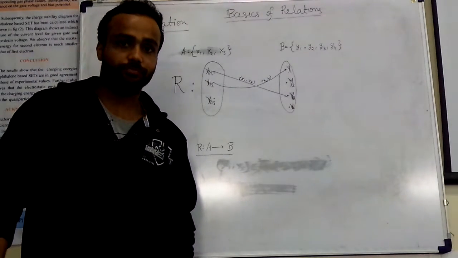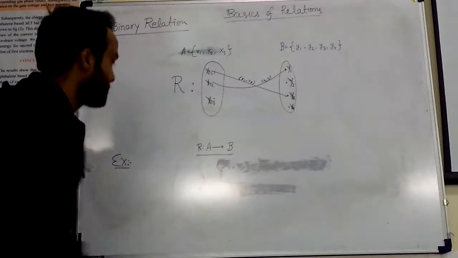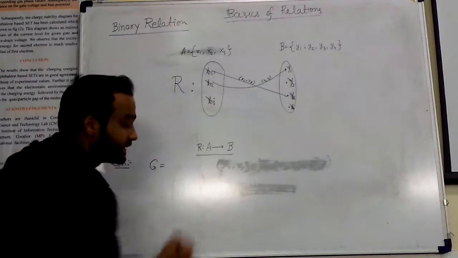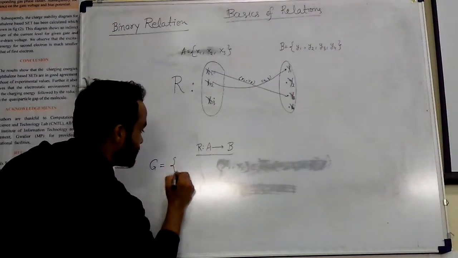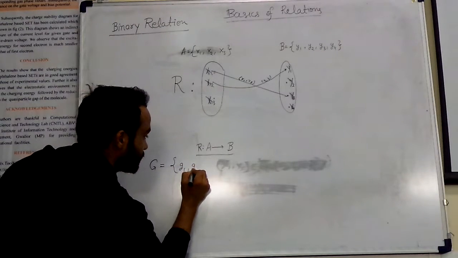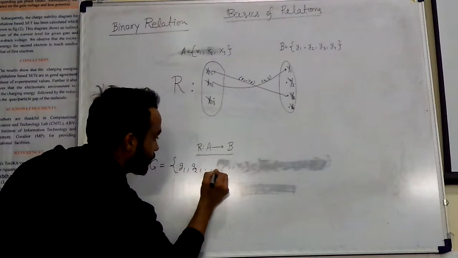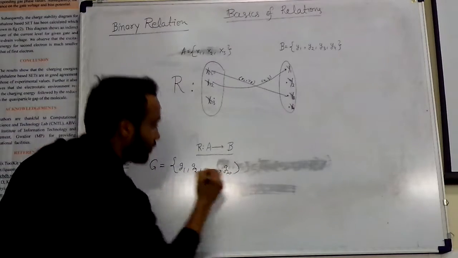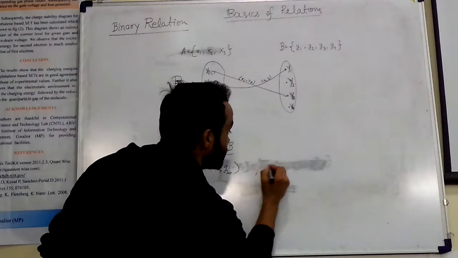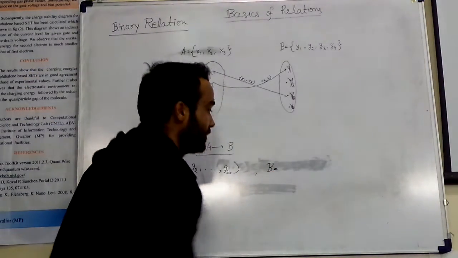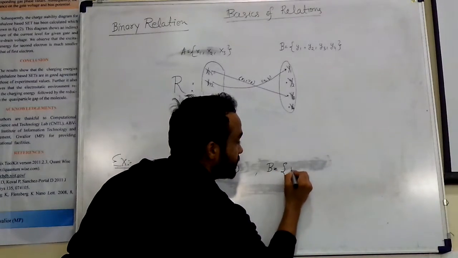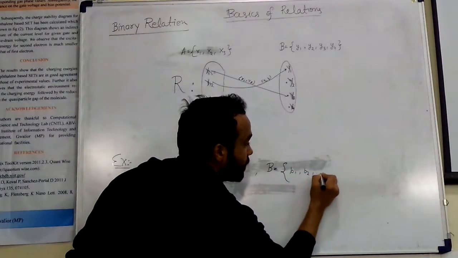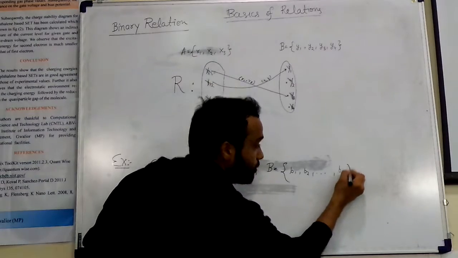I denote the set of girls by G and say that there are 20 girls in the class. And I denote the set of boys by B and say that there are 30 boys in the class.